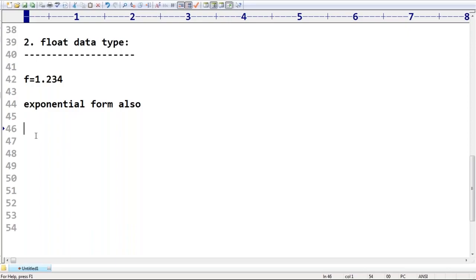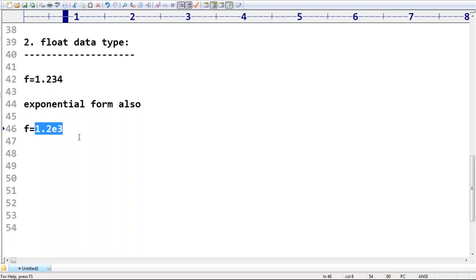What is the meaning of exponential form, sir? f is equal to 1.2E3. What is this one, sir? 1.2E3. Somewhere you may have heard about this, exponential form or scientific notation. You can specify a floating point value even in exponential form also.